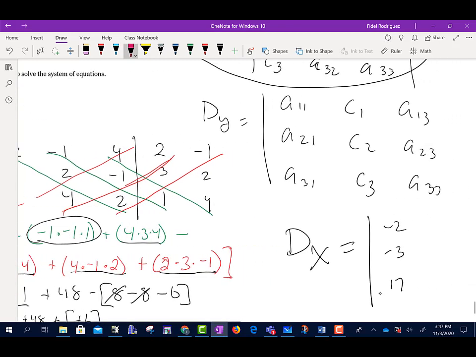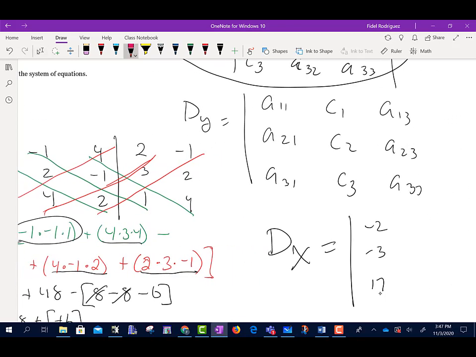Those coefficients will be the same. So we had a -1, a 2, and a 4. And then we had a 4, a -1, and a 2.